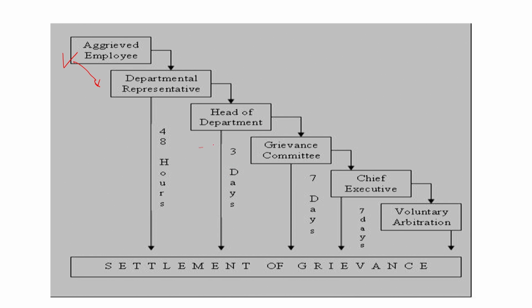Here, third point, my dear friends, the head of the department has to give his decision within 3 days. Even if he fails to give the decision, or if the aggrieved employee is not satisfied with the decision of the departmental head, then he can take the grievance to the grievance committee. Now, the grievance committee, as we know, is where we have the representatives of the people who are going to sort out the problem.